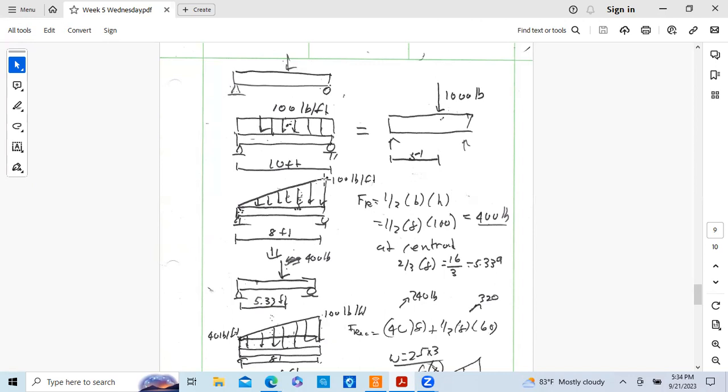Here's a beam, 10 feet long. I draw a support that looks like this. This is a pin, and we'll learn what a pin is. And this is a roller on a simple beam. And we'll talk about what a roller does. That's in the next chapter, but that's a pin and a roller.